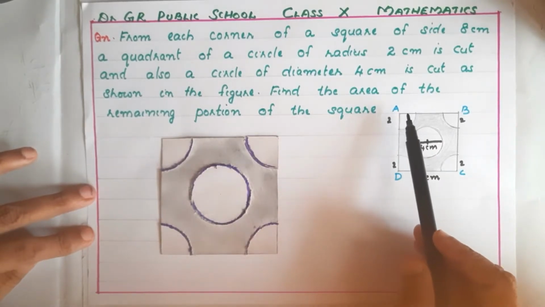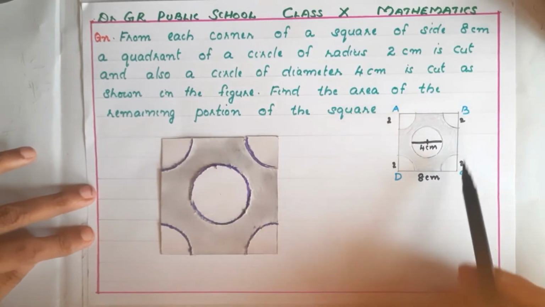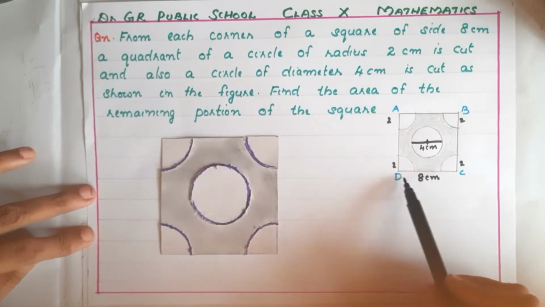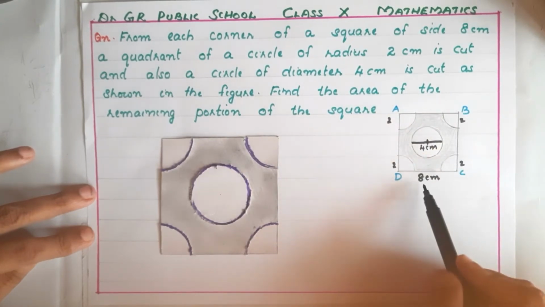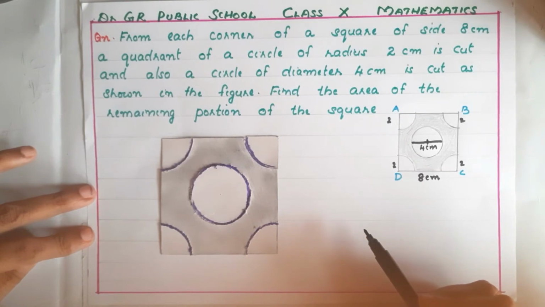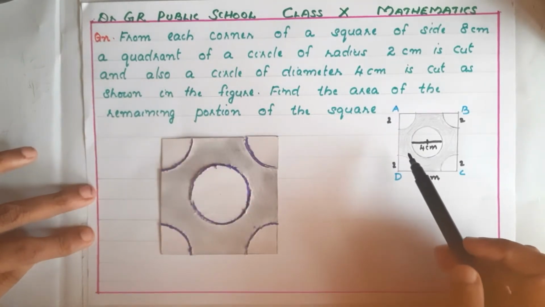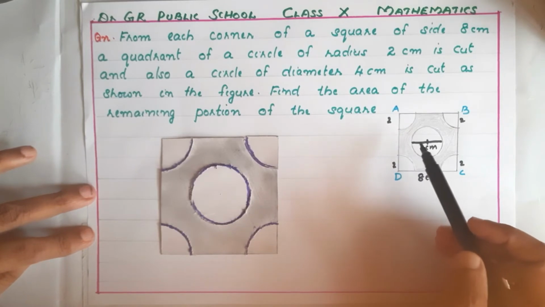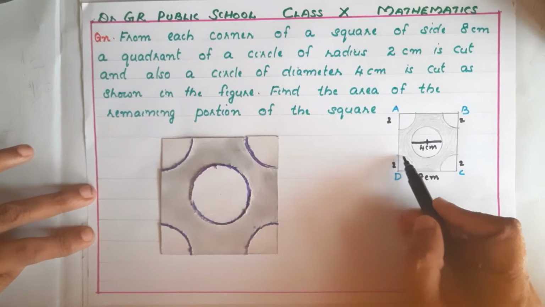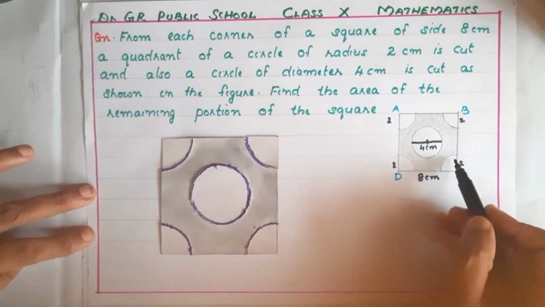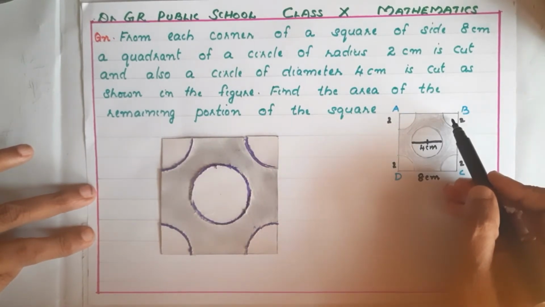Okay, here we have a square of side 8 centimeter. ABCD is a square of side 8 centimeter. And what is given? From each corner, a quadrant of circle has been taken. So this is the first quadrant. Here another quadrant. Here third quadrant.